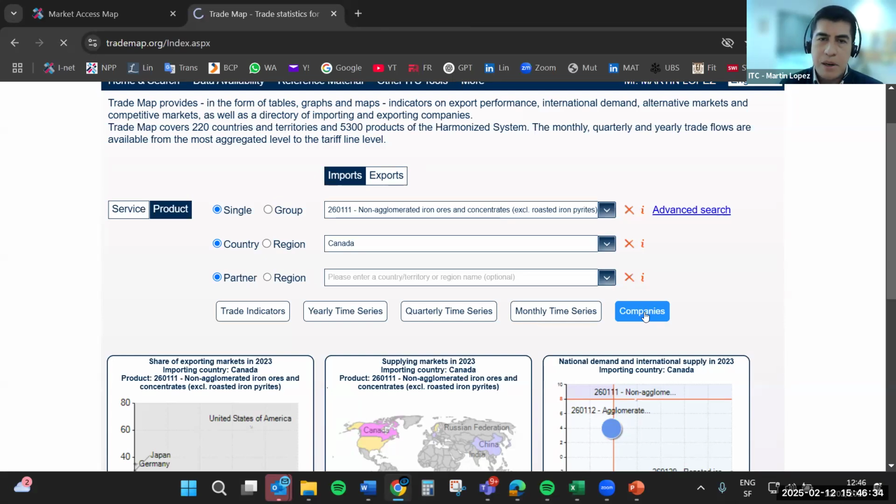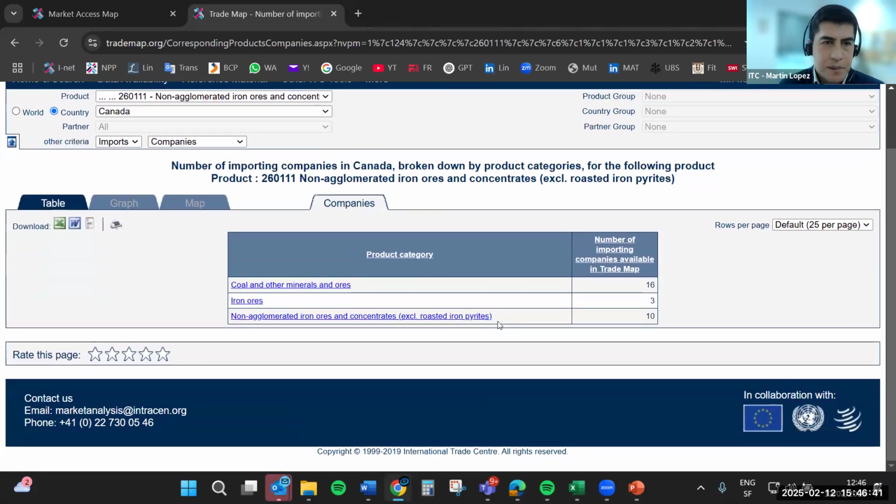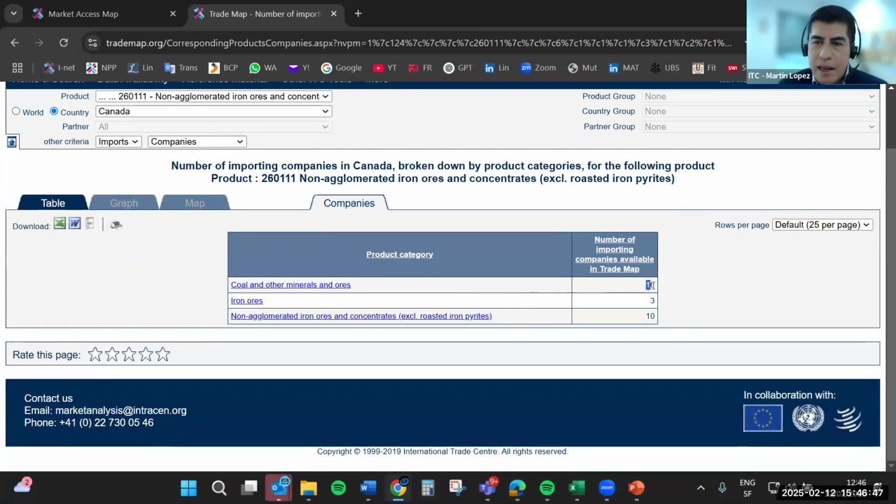So clicking there in companies, the system will process, well, we have this list coming from, I presume, Compass. These are 16 companies that were classified as importers of this product. 3 companies detected as being importers of this product and similar products.